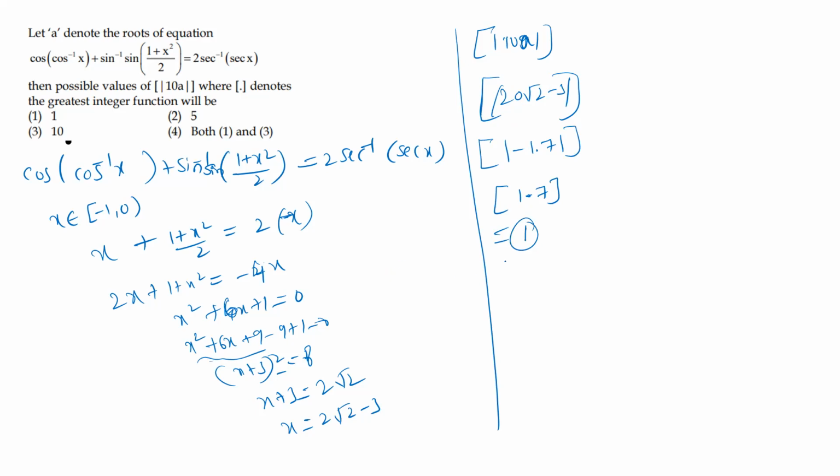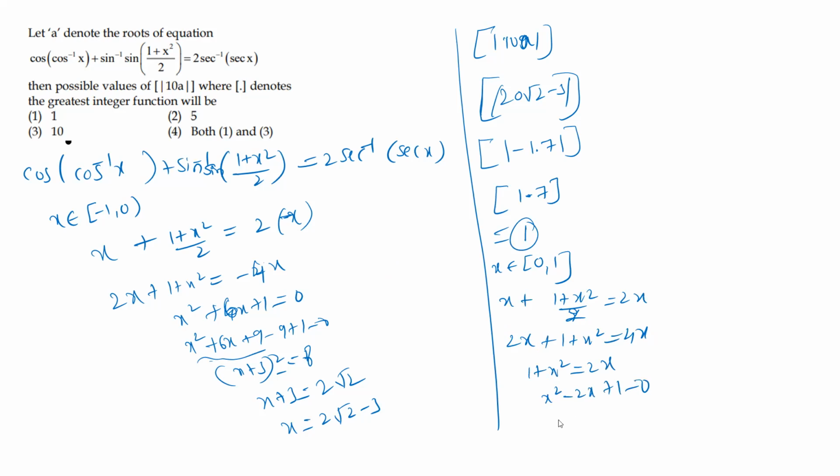Next we are taking the next interval, from where to where? 0 to 1. 0 to 1 means all terms will be positive only, no sign changes. x plus 1 plus x square by 2 is equal to 2x. Now 2x plus 1 plus x square is equal to 2, 2 2s are 4x. From this, 1 plus x square equals 2x. x square minus 2x plus 1 equals 0.